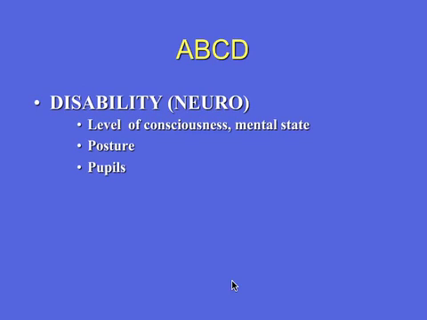And I'm not going to talk very much about ABC, but I will talk a little bit about assessment of neurological state. The important things we need to think about are what is the level of consciousness, how do we quantify that. Posture is a helpful factor, and pupillary responses is also quite helpful.